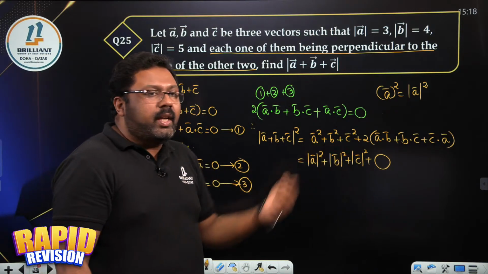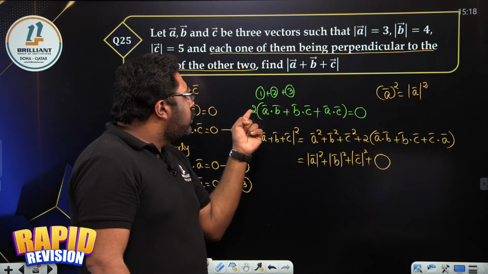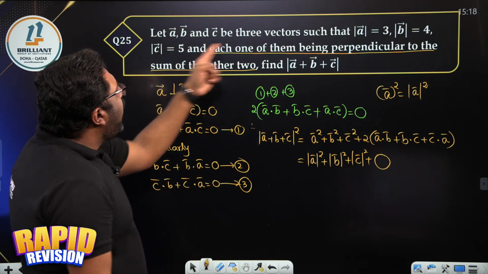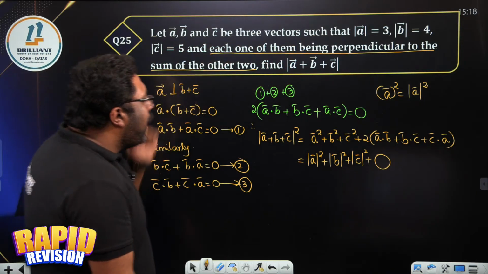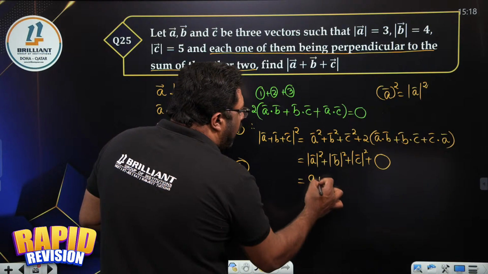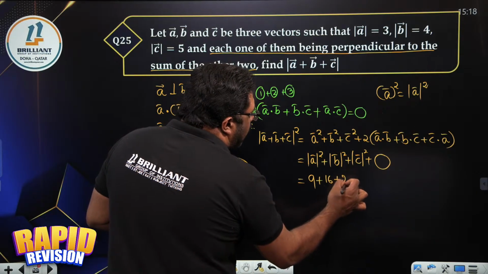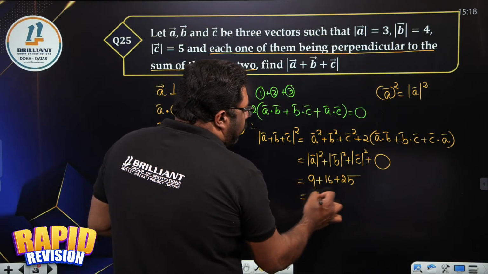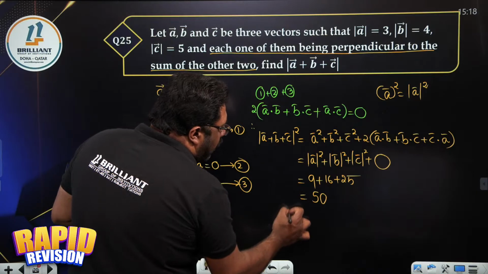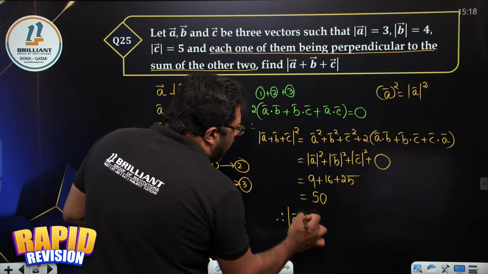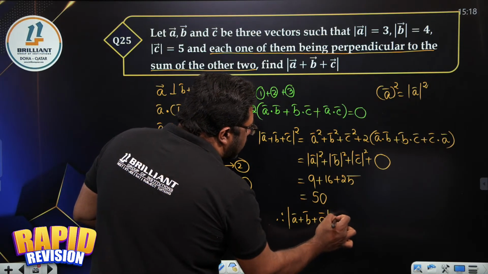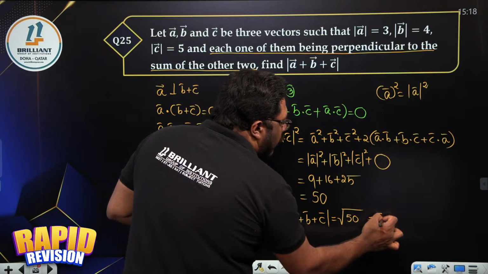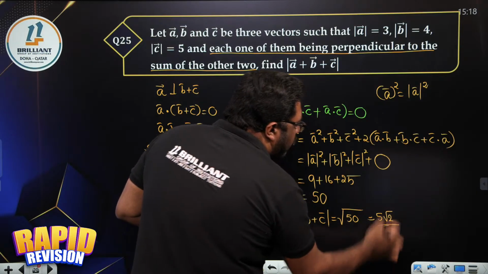Why is that side 0? Just now I proved 2 times that dot product sum is 0. Magnitude A, B, C are 3, 4, 5. 3 squared 9, 4 squared 16, 5 squared 25, which is 50 over here. Therefore the magnitude of A plus B plus C is root 50, which is 5 root 2.